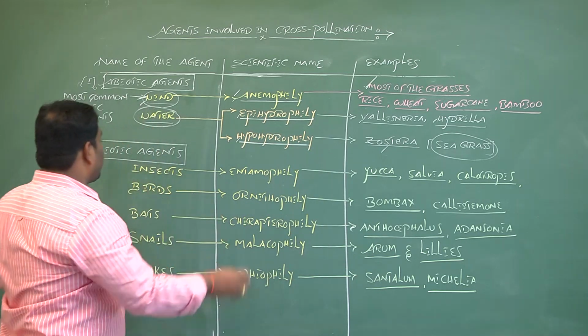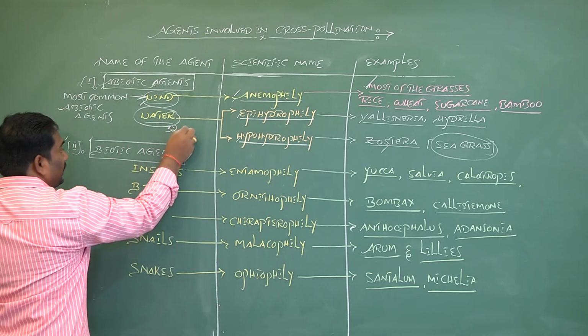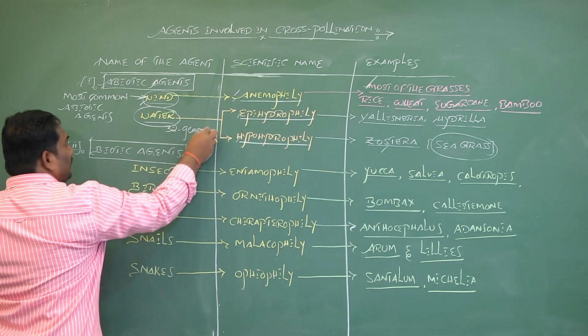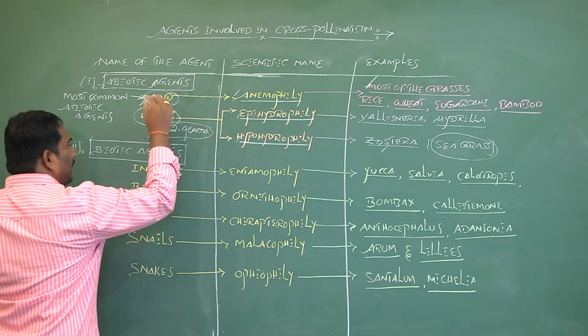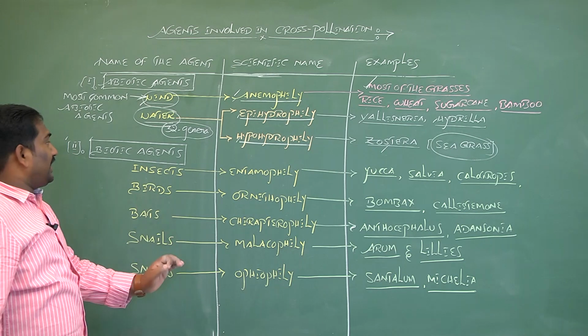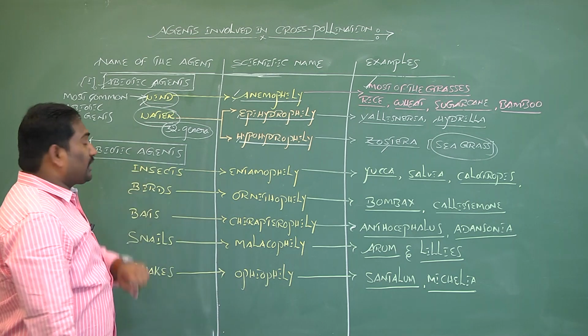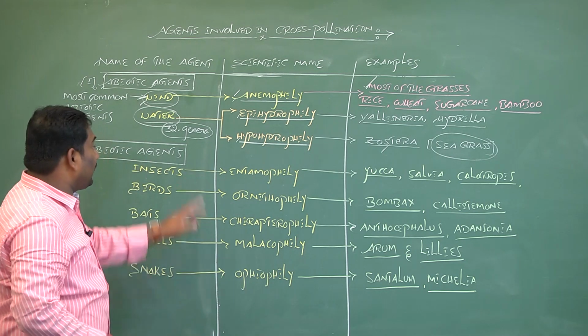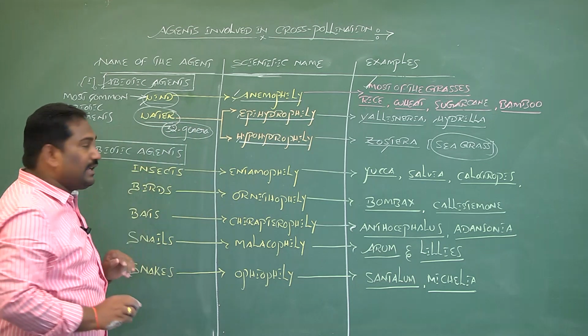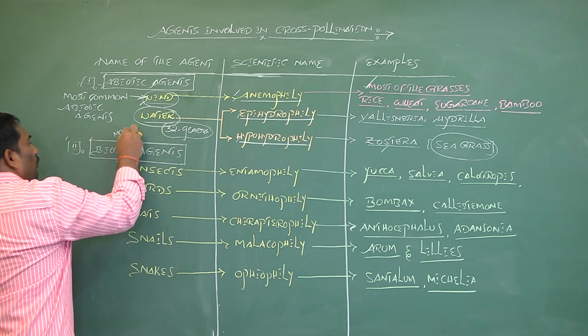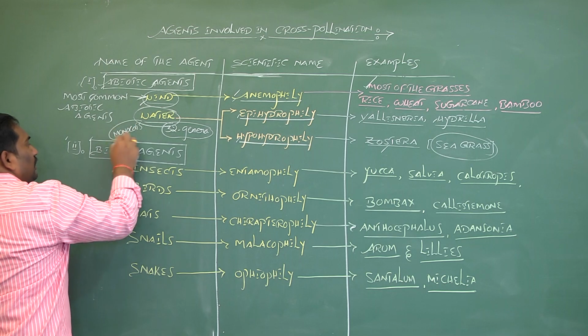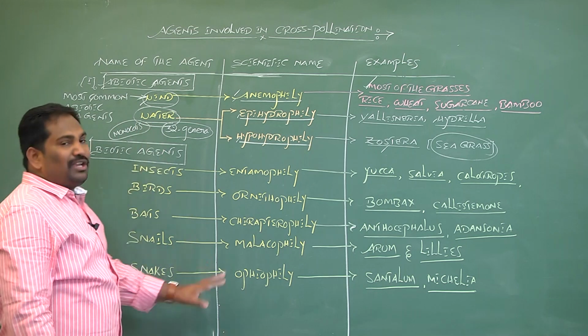It is restricted to only 32 genera of plants. Which abiotic agent is quite rare? Water. It's restricted to only 32 genera of plants, especially seen in monocots. Monocots are cross-pollinated by water.